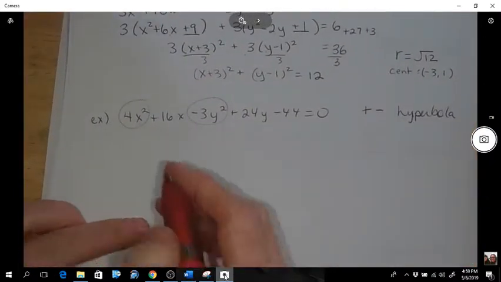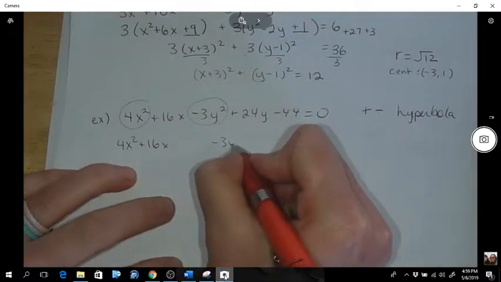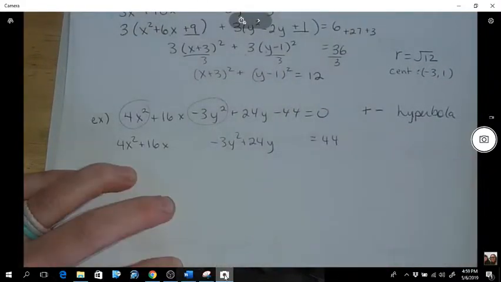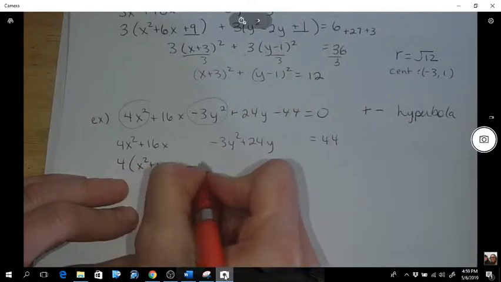Okay, hyperbola. It's the same idea, groupings of your x's, groupings of your y's, number, move over. Okay, so factor out. Alright, so we're going to factor out 4, x squared plus 4x plus blank.